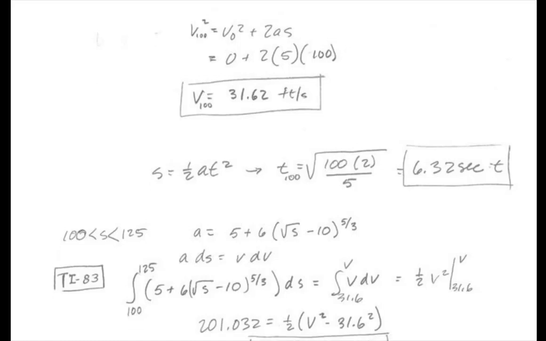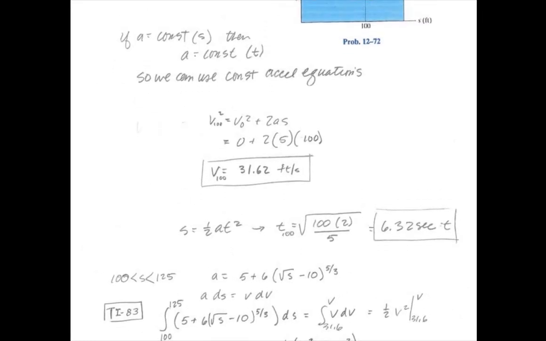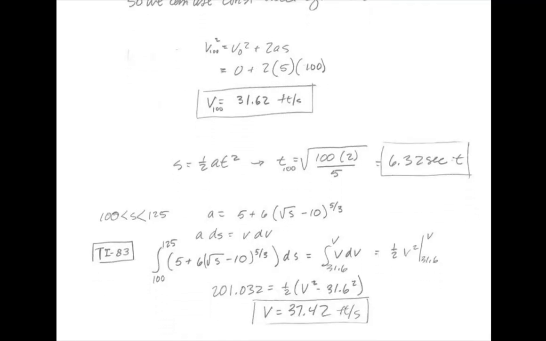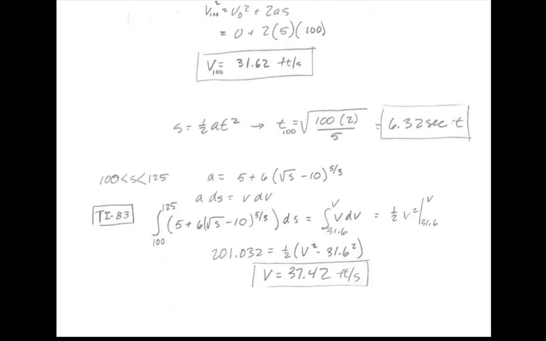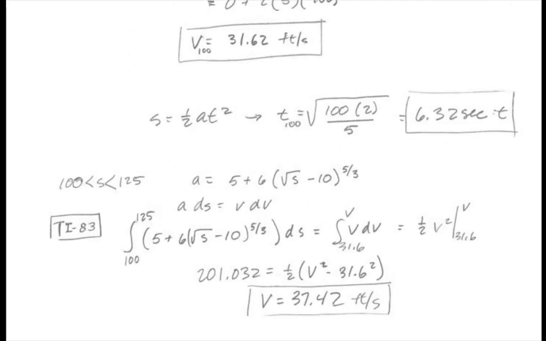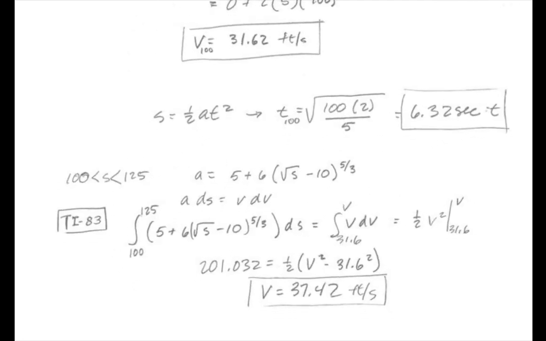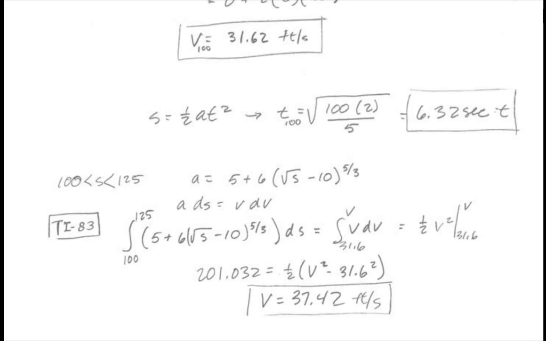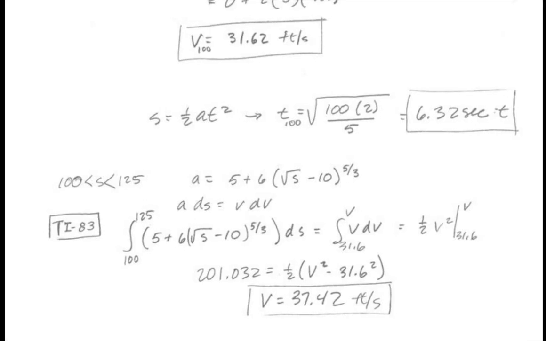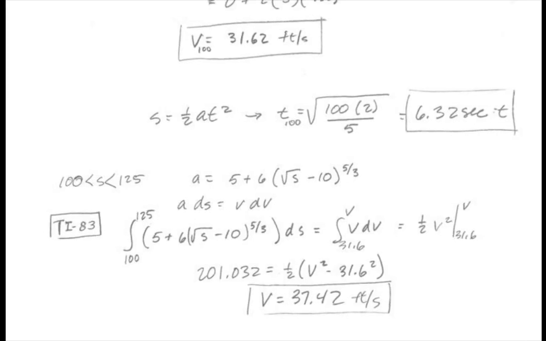To find the speed at 125 feet, I can't really go down here. Let me see if I can pull this up. Anyway, between 100 feet and 125 feet, this equation applies, and this would be an a ds equals v dv equation.